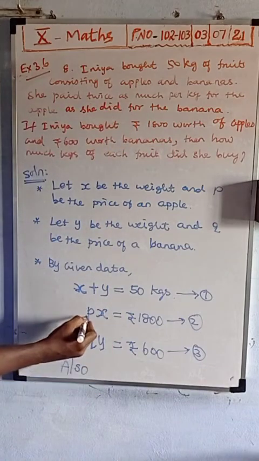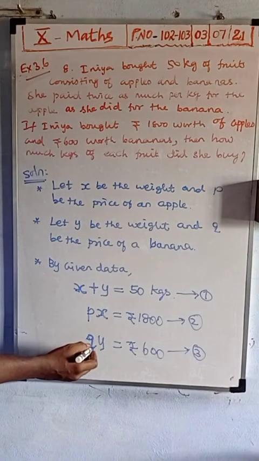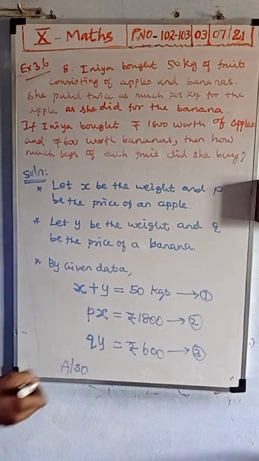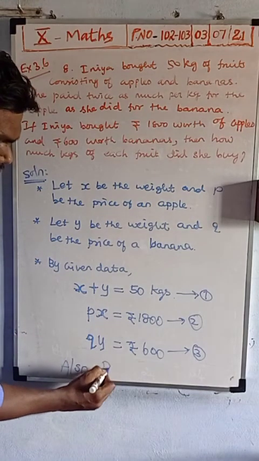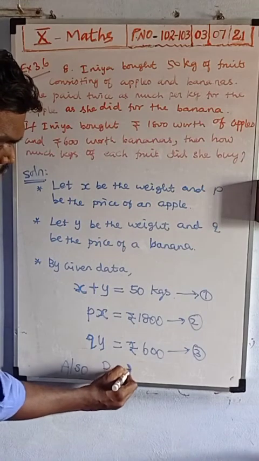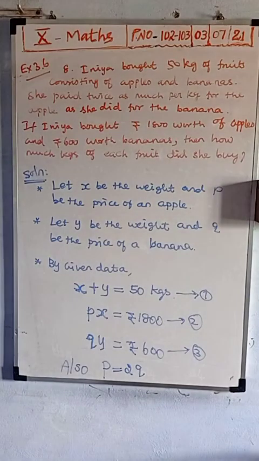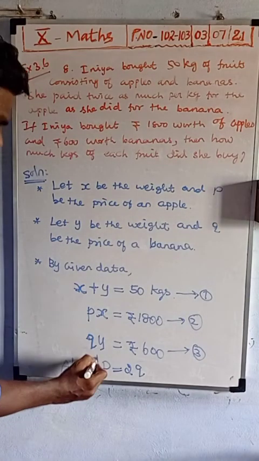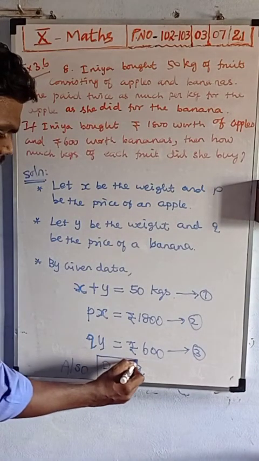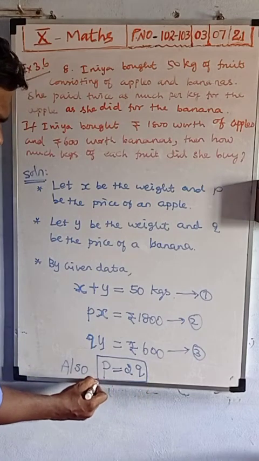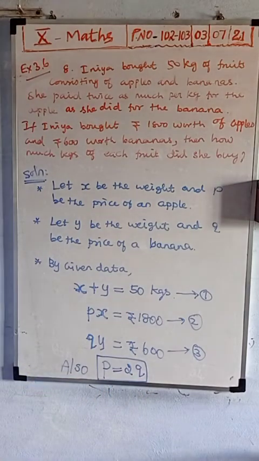So I choose p for apple and q for banana. Then p is equal to 2q. So the price of an apple is twice the price of a banana. Okay, p is equal to 2q.